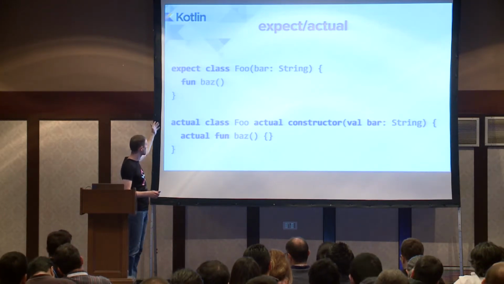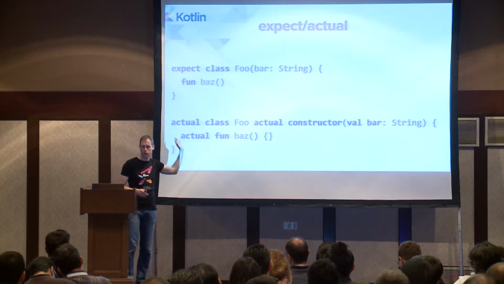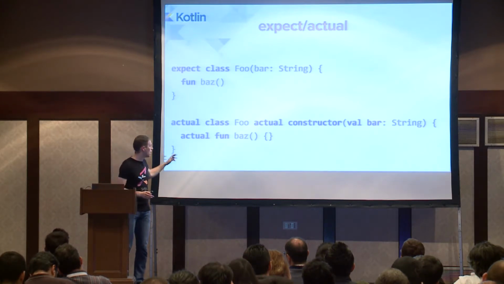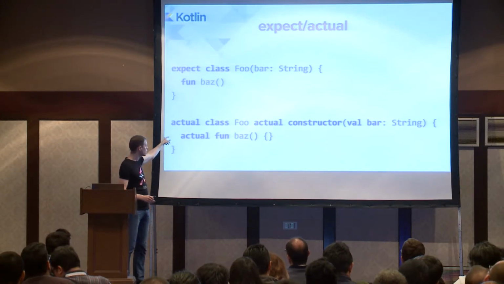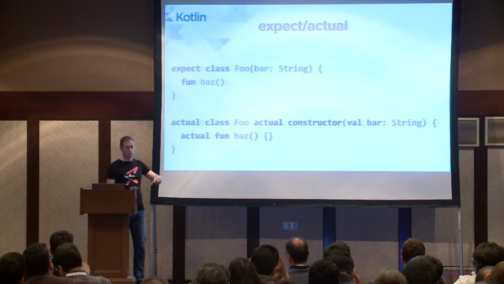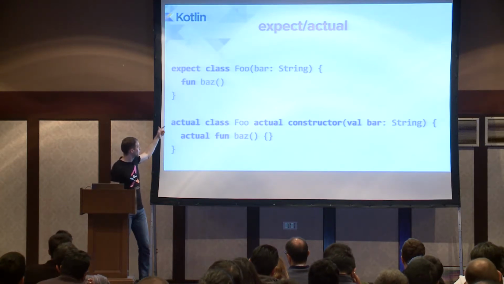So it's a normal class, but without any implementation. Like an abstract class, but not really. And then on each target platform, you declare an actual class where you implement everything declared in the expected class.